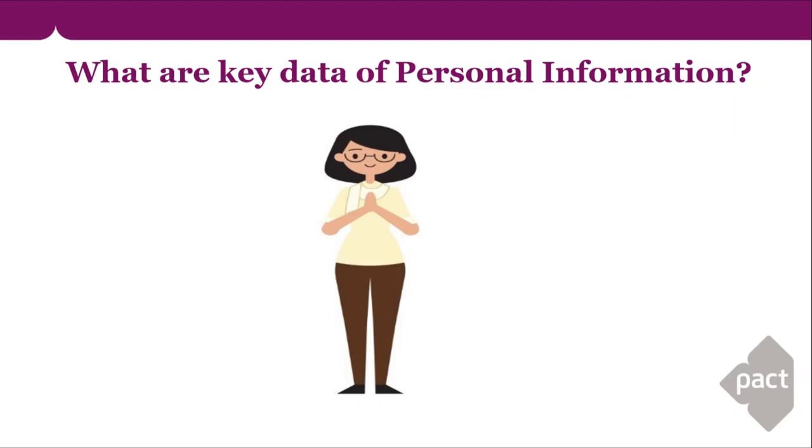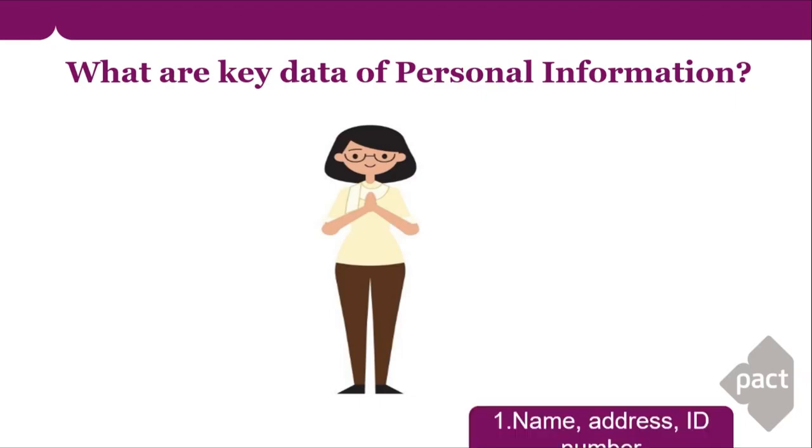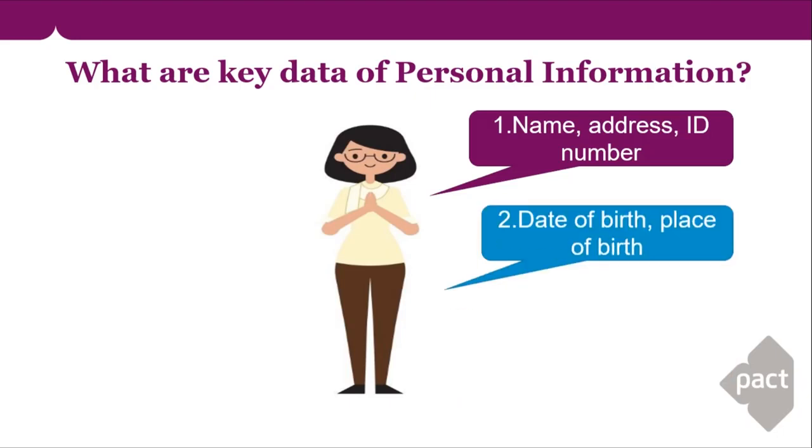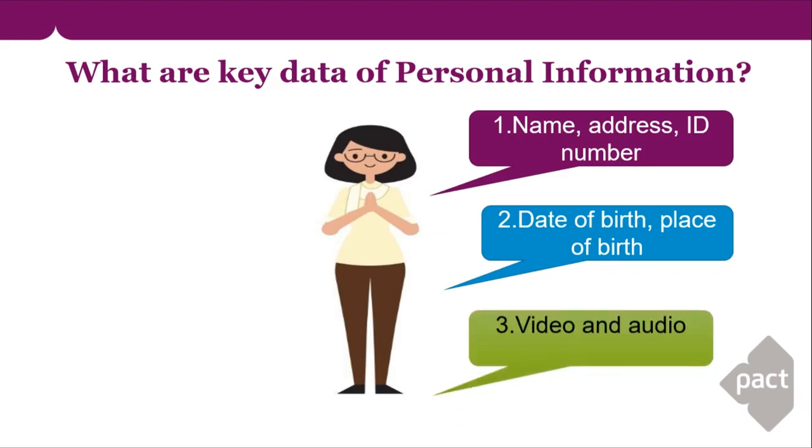In this slide, we will show you the key data of personal information. Those include the name, address, and identification number of the beneficiary, and also date of birth and place of birth.